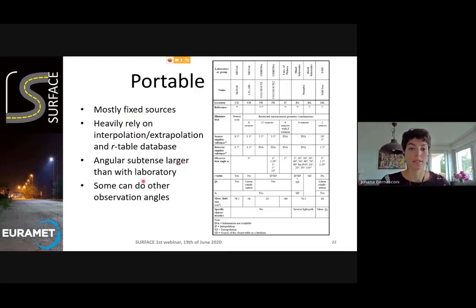This is something that can be taken into account in the uncertainty, and it's a geometrical aspect that can be accounted for. The uncertainty of the devices will also be presented in another presentation later on during fall. And here also, some of them can already do different observation angles.